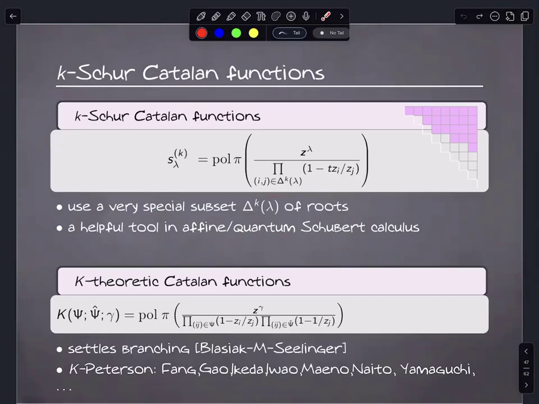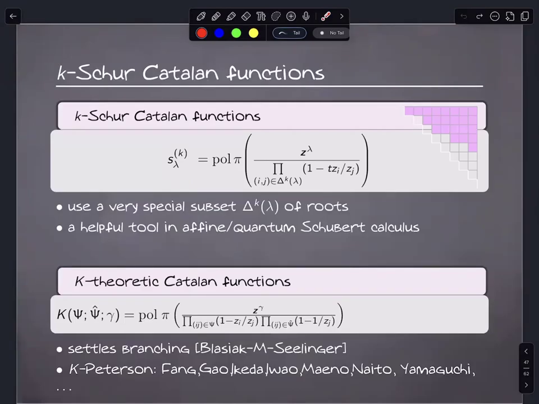We found a really, really highly structured special Dicke path associated to lambda and k, and said that Catalan function is a K-sure function. And I'm not going to go into it, but the combinatorics of this path selection was just so perfect that everything kind of fell out by working with these roots and root expansions.